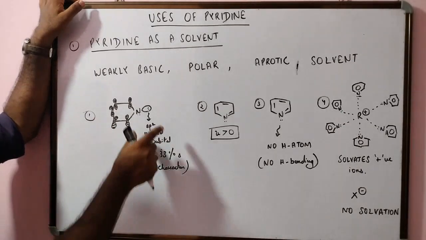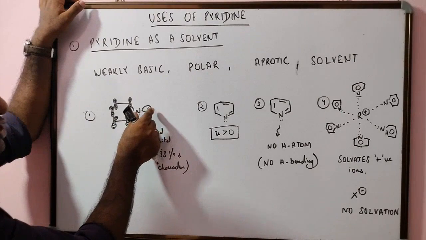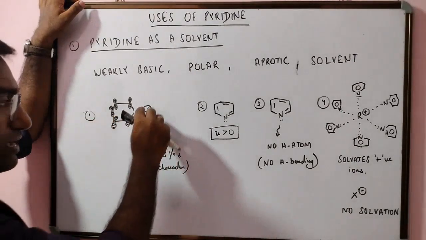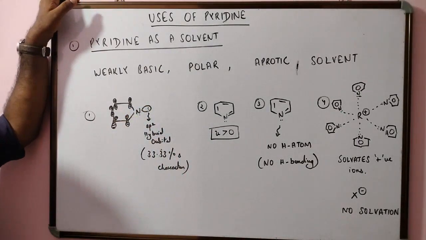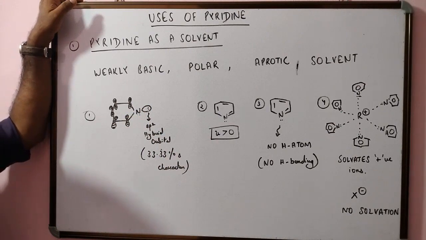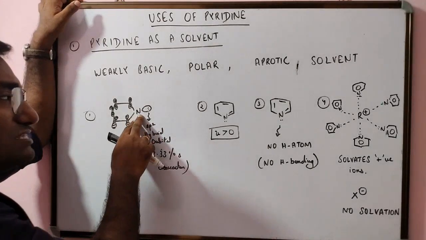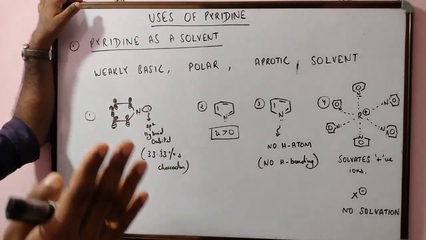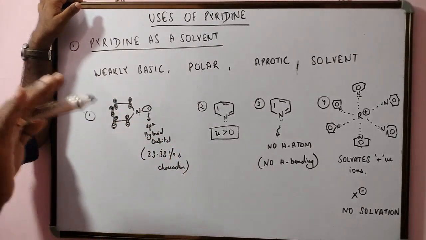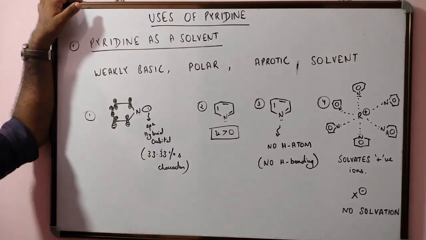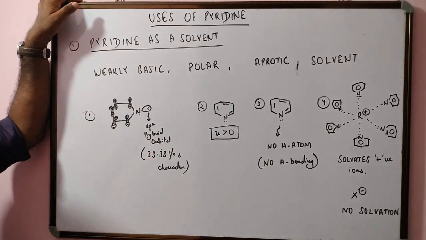That would make the lobes broader and shorter, and that would make the electron come closer to the nucleus of nitrogen. A closer electron means that the electrons are more under the influence of the nucleus and are not readily available as was expected. That is, the pyridine is not as basic as we expect from it.